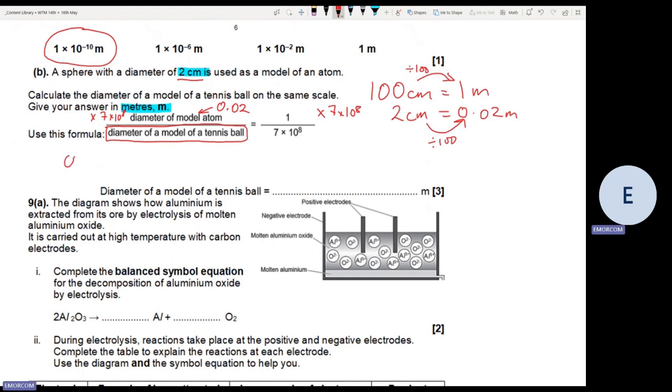So I've got my 0.02 over the diameter of the tennis ball times by 7 times 10 to the 8 is equal to 1. Now I want to take my diameter of the tennis ball over, so I multiply on both sides, and I get 0.02 times 7 times 10 to the power of 8, which is equal to 1.4 times 10 to the 7.